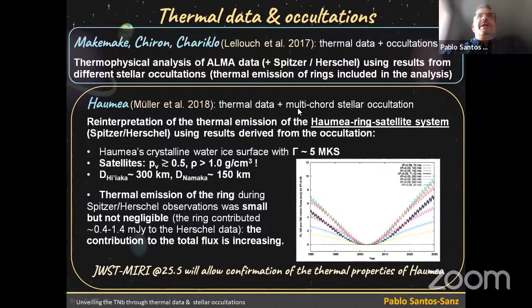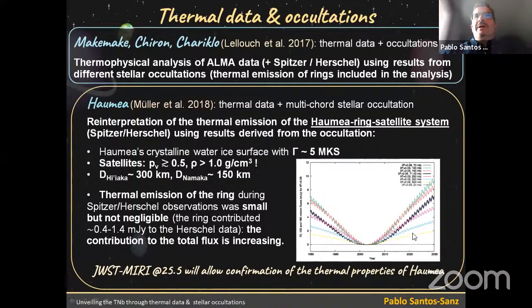We used thermal data and the multi-chord stellar occultation, and we reinterpreted the thermal emission of Haumea. In this plot you have the contribution of the rings for the different wavelengths with time. The contribution during the Herschel-Spitzer observations was small, but was not negligible. And the nice thing is that this contribution is increasing.